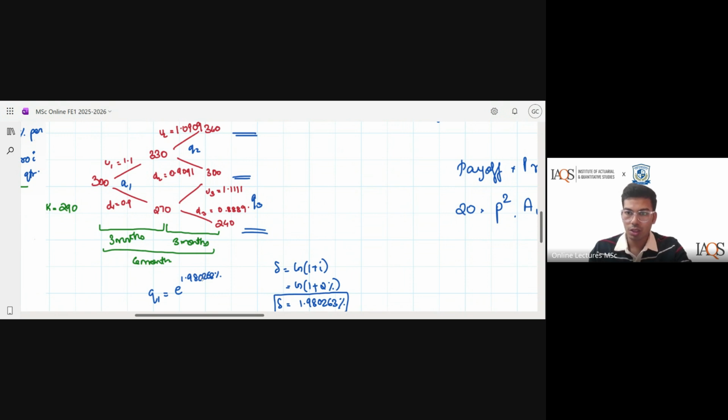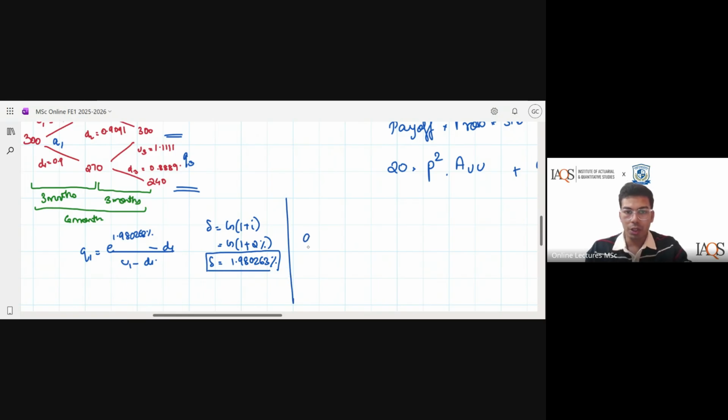Understood? Yes. Then you'll have your value of D1 upon U1 minus D. You could have done this as the first approach where you convert from I to delta, or what you could have done is write Q1 as e raised to R, which is ideally the accumulation factor, equivalent to 1 plus I. So I can write it as 1 plus 2% minus D1 upon U1 minus D. Because instead of e raised to R, I can write 1 plus I as well.